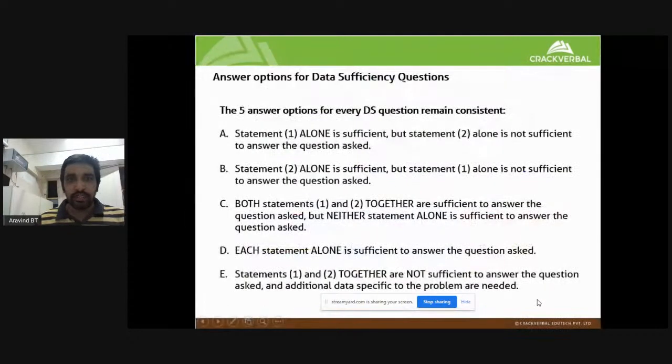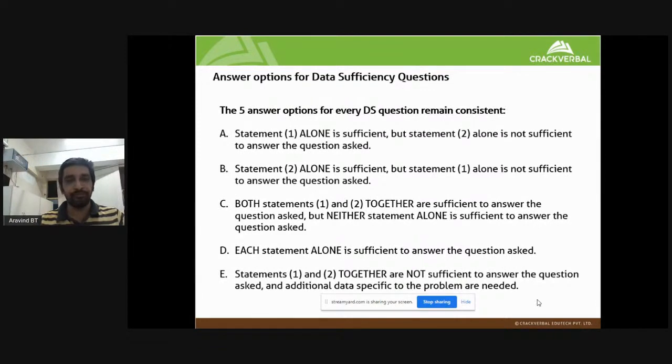All right. So with that, I usually put this slide in all of my webinars, because I understand that not all of you know the options for a data sufficiency question, since some of you might be new to preparing for the GMAT. So these are the answer options for data sufficiency questions. There are 5 answer options: A, B, C, D, and E, all of which are standard and they remain consistent.